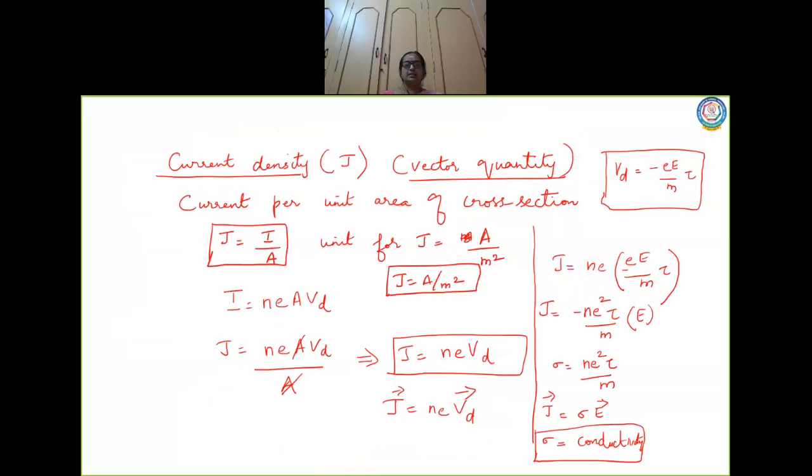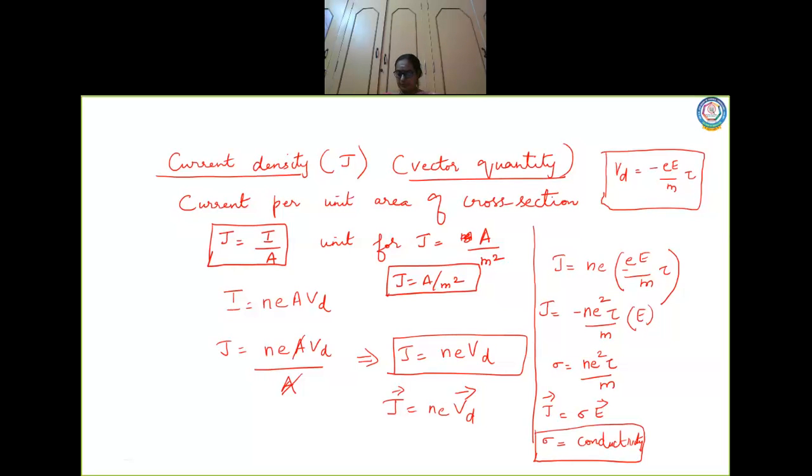The second one is current density, which is nothing but current per unit area of cross section, given as J is equal to I by A. And using the values for drift velocity and current, we arrived at a relation between current density and electric field, which is J vector equal to sigma into E vector. Okay, so this is what we discussed, and there are a few examples based on this, children.